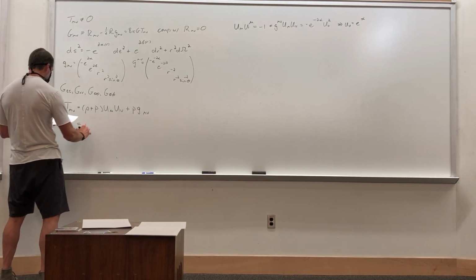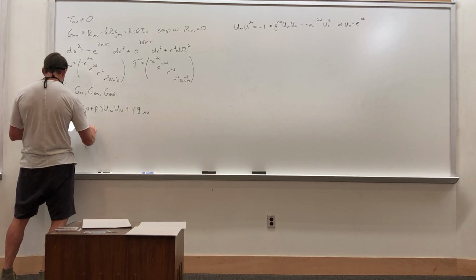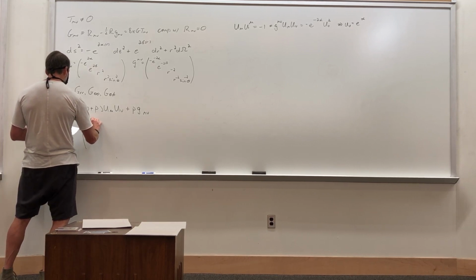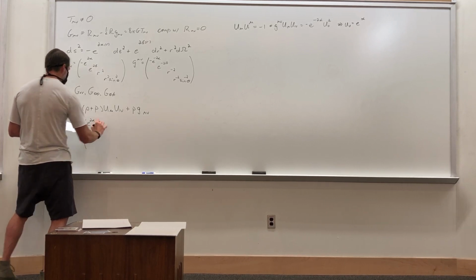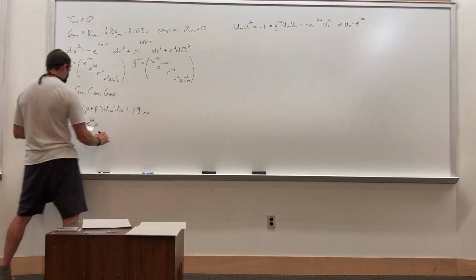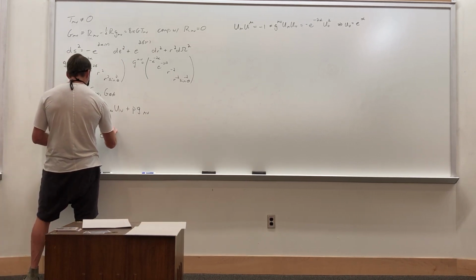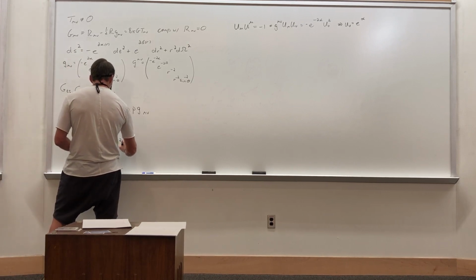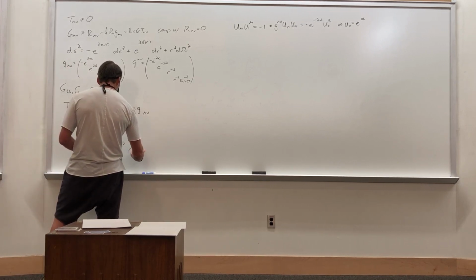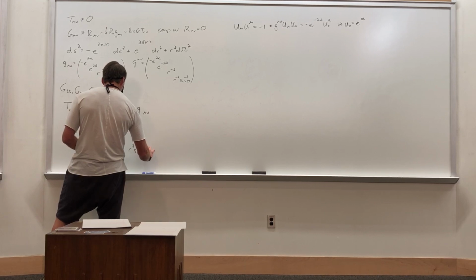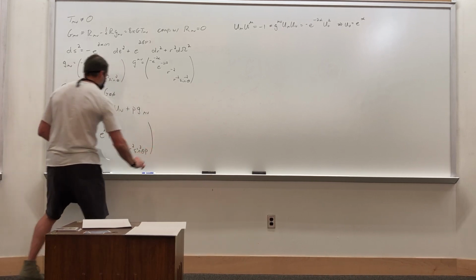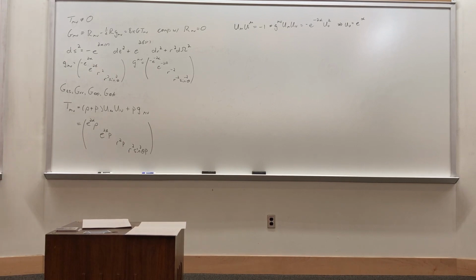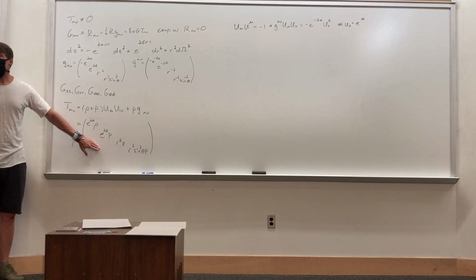T_{μν} in this case is going to become e to the 2α times the energy density, e to the 2β times the pressure, r squared times the pressure, and r squared sine squared θ times the pressure. So this is the form of the energy momentum tensor which we're going to work with.